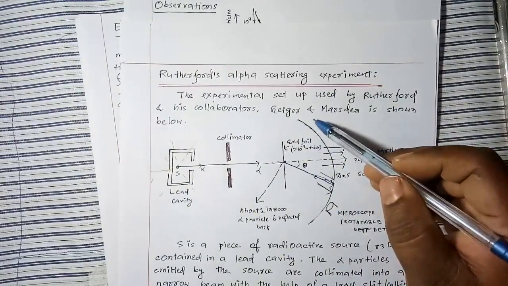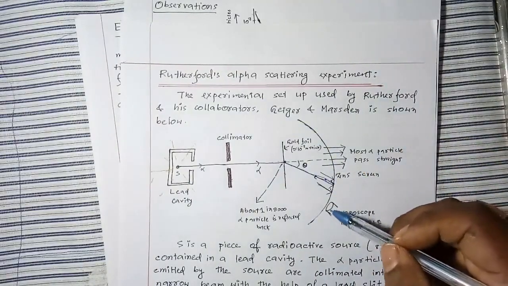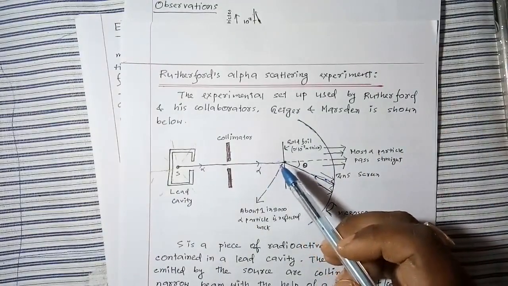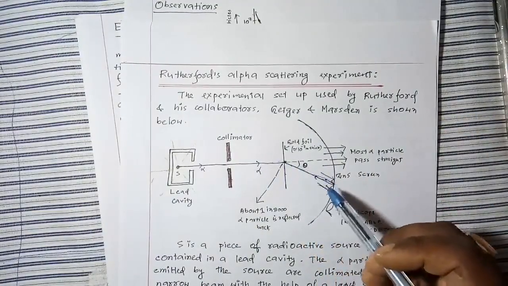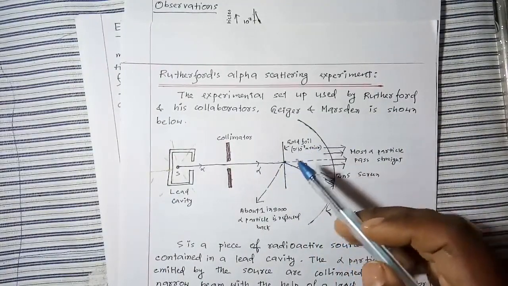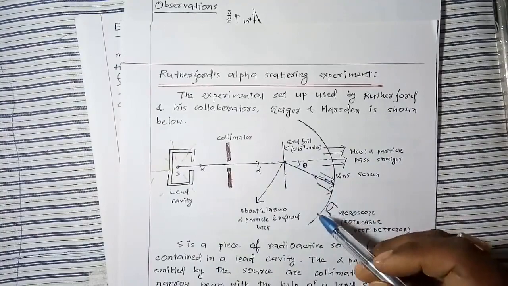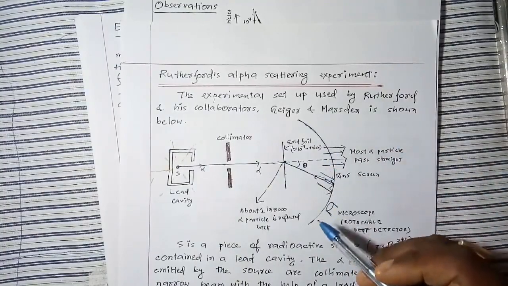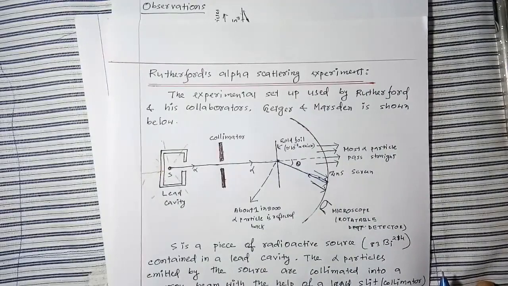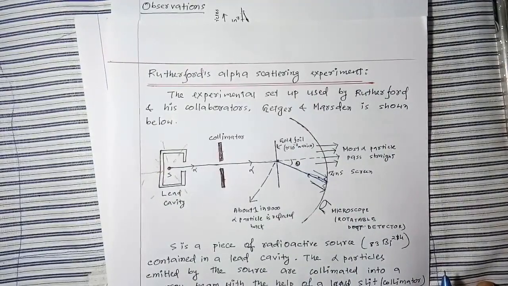And I forgot to tell you, in this arrangement after the gold foil we have a zinc sulfide screen, and one microscope is used. Why? Because alpha particles move through the gold foil and get scattered at different angles, and they fall on the zinc sulfide screen.